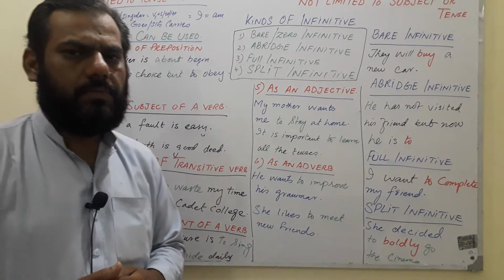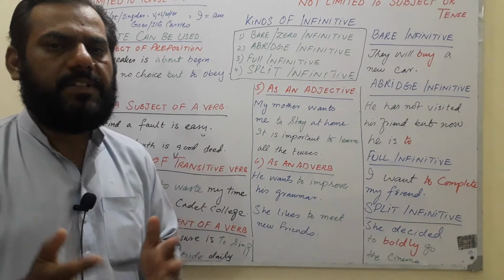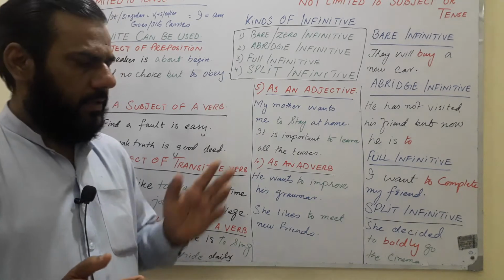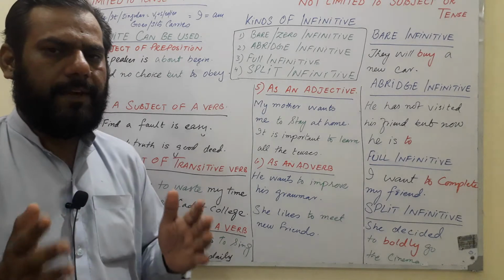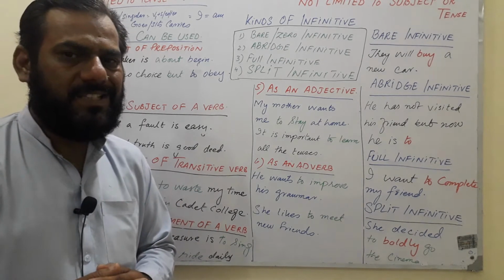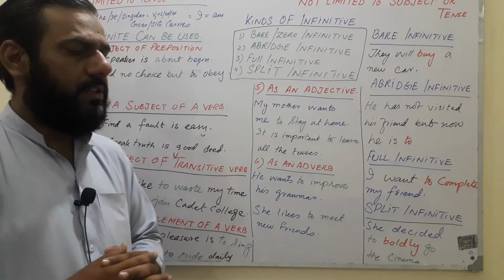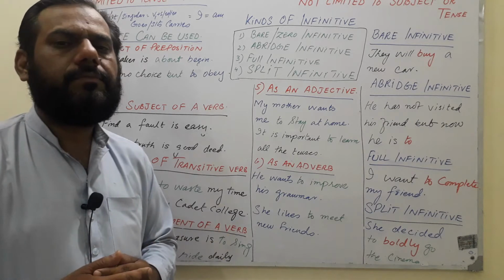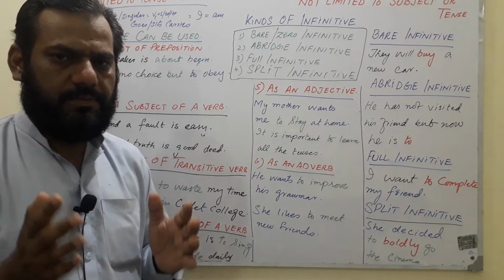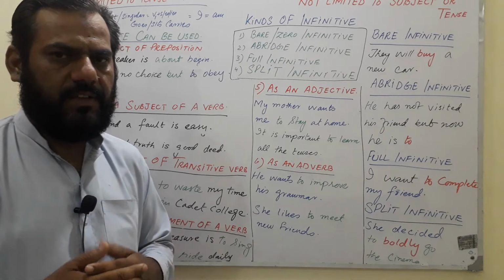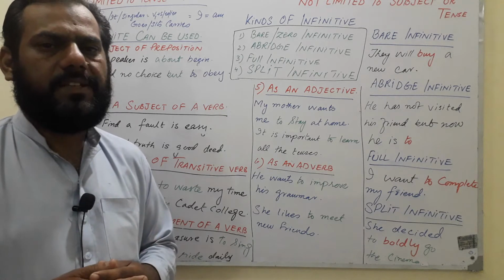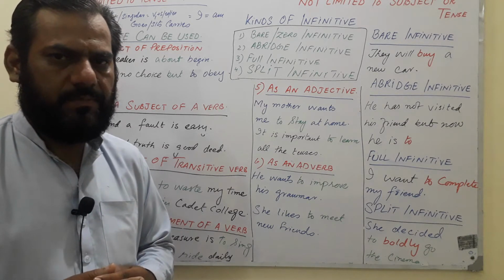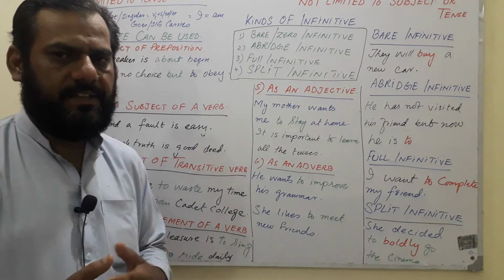Finite is a kind of verb which is limited to a subject or tense. In this regard, you will have to understand what the finite verb is. I have told you earlier, when subjects like he, she, it, and the singular are used in simple present tense, they will have a kind of verb with which we add s, es, and ies.